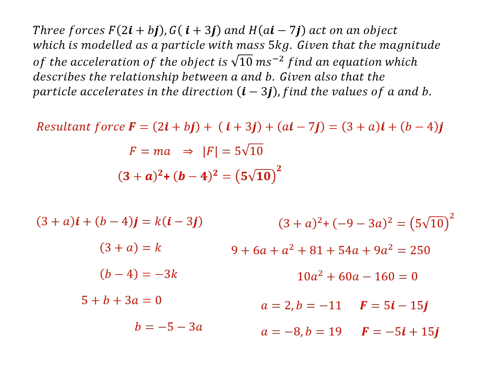Now, this vector is parallel to the direction i minus 3j, but it's in the opposite direction. So therefore, the answer is this one, which is parallel to i minus 3j. So the answer is a equals 2 and b equals minus 11. So that's how I've answered that question.